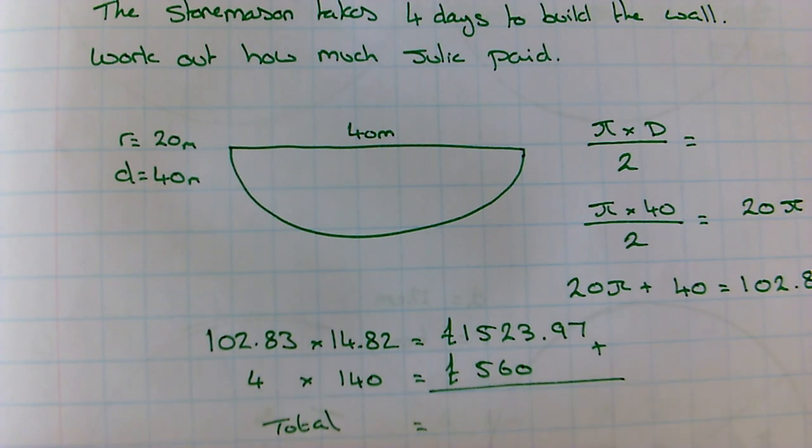And again, we've got a calculator, so we can use a calculator. And that total cost, it cost Julie £2,083.97p.